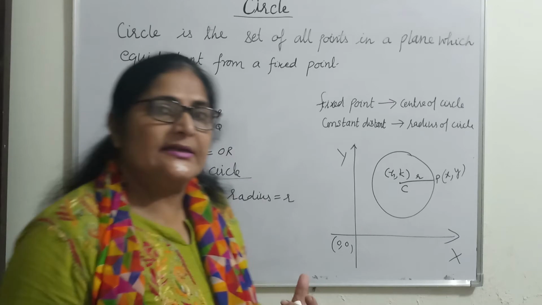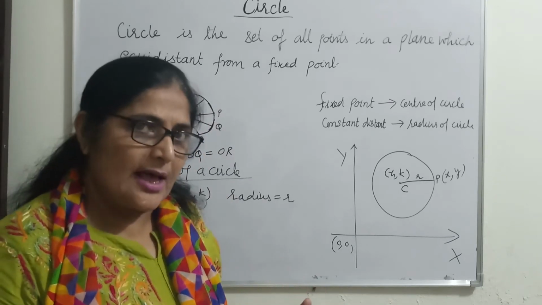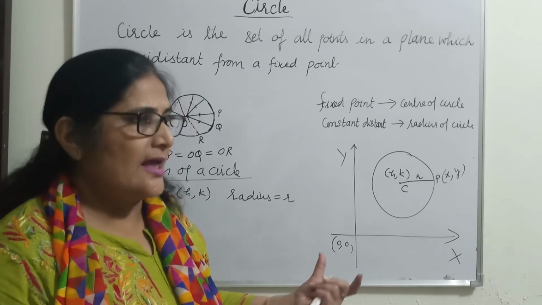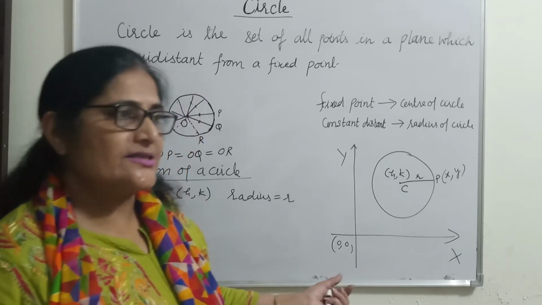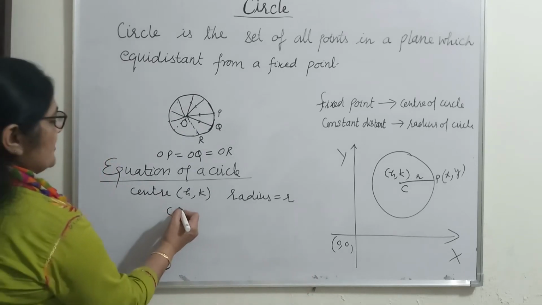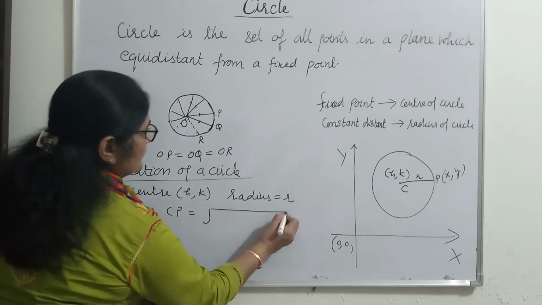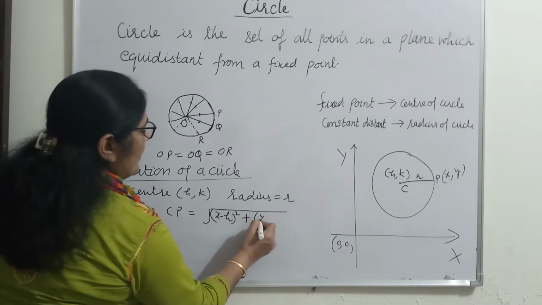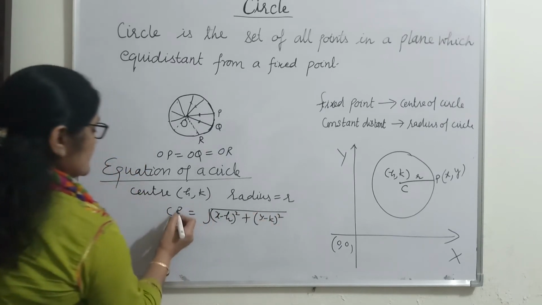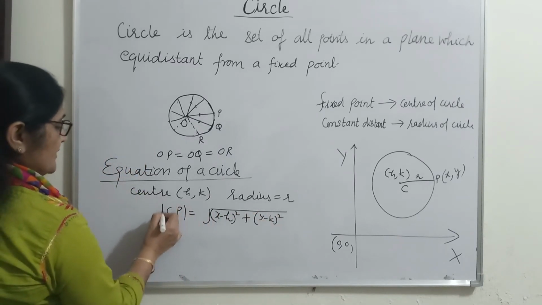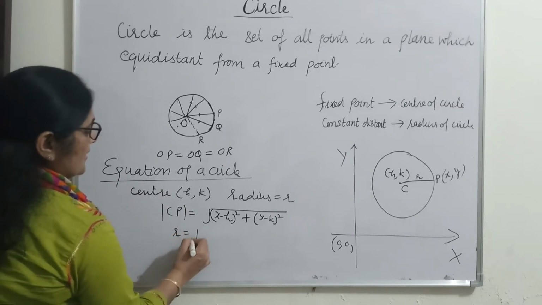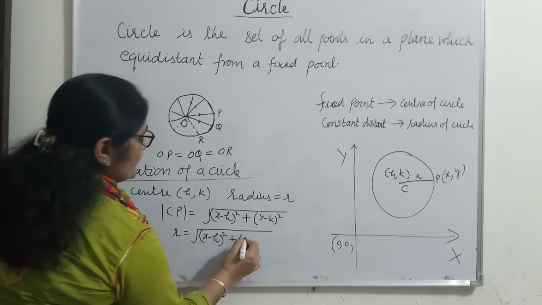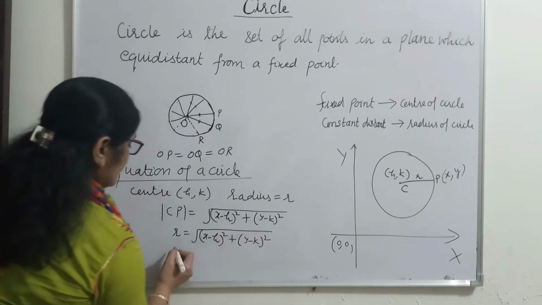So we can find the distance by using the distance formula, which you have studied in class 10th and also in class 11th. So CP is the square root of (x minus h) whole square plus (y minus k) whole square. CP is the radius, so r equals root of (x minus h) whole square plus (y minus k) whole square.